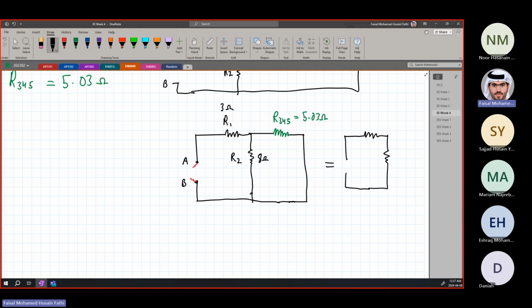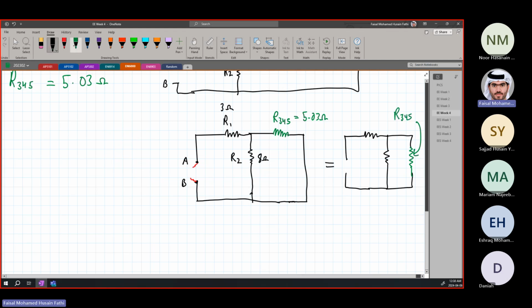This is A and B, the same thing if I put the resistor here, exactly the same idea. Nothing has changed. Let me put it in color so you don't get confused. This is my R345, exactly the same thing. So this is R345, and these are R2, R1, and A, B. Exactly the same thing.